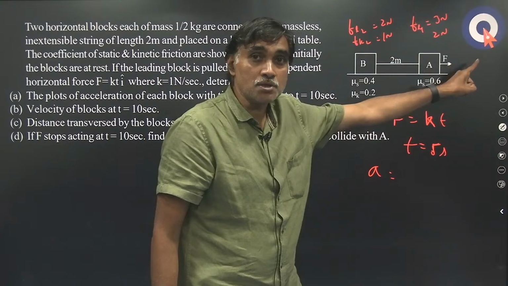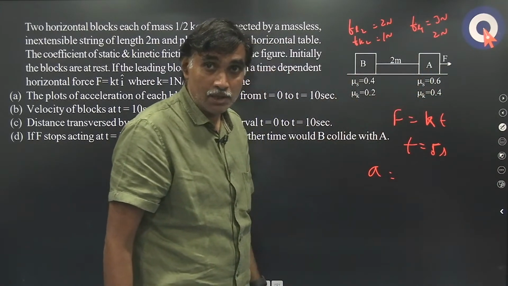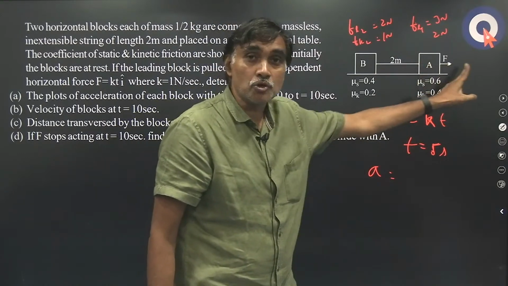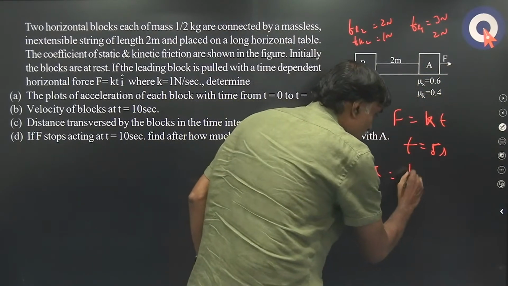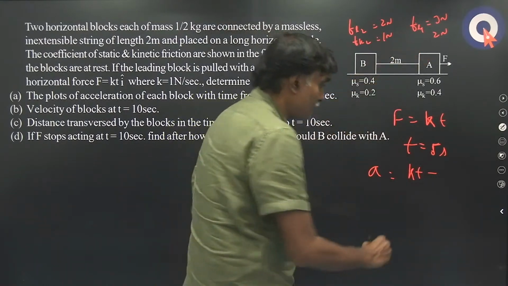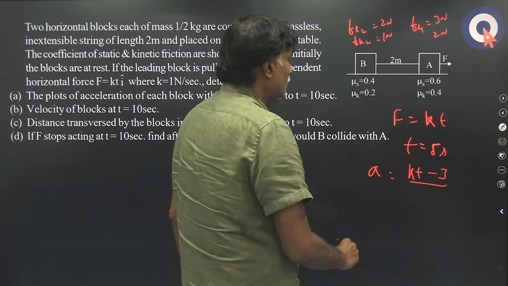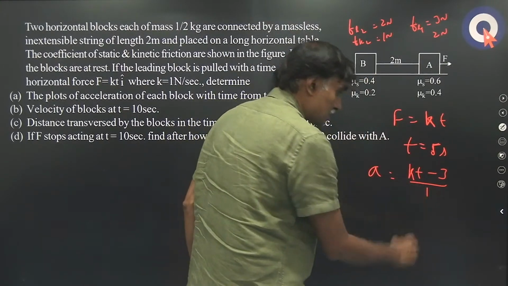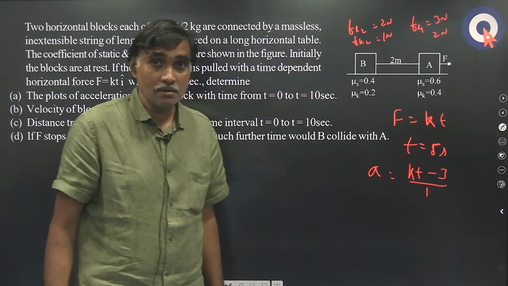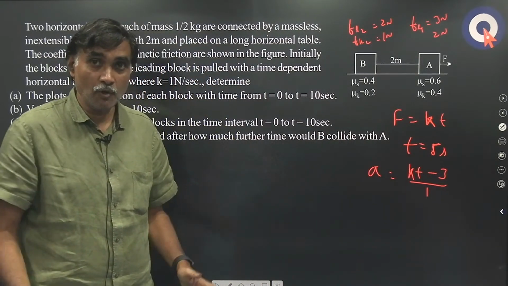It is the applied force minus the sum of the two kinetic frictions. What is the applied force? Kt minus the sum of the two kinetic frictions, 3, by total mass. What is the total mass? It is 1 kg. That's all. So what is the acceleration after 5 seconds? It is kt minus 3. Before 5 seconds, 0.